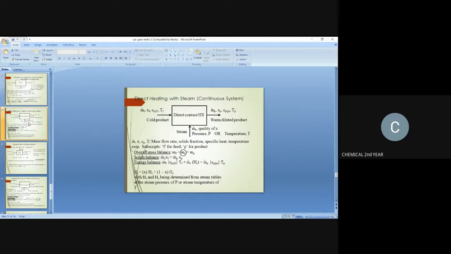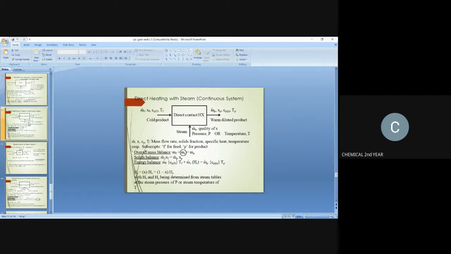The warm diluted product has a mass flow rate of Mp, Xp is the solid fraction, Cpp is the specific heat of the product and Tp is the temperature of the product. Here M, X, Cp and T are the mass flow rate, solid fraction, specific heat and temperature respectively, with subscripts F for feed and P for product.